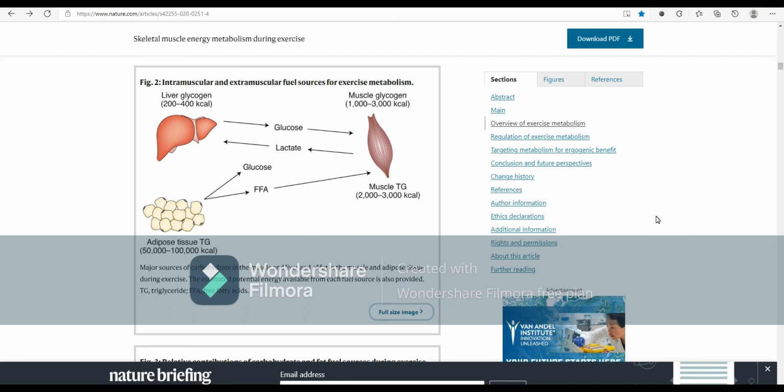Also on this illustration we can see actually how much energy this fuel source possesses. Liver glycogen we can see 200 to 400 kilocalories, muscle glycogen 1000 to 3000 kilocalories, and adipose tissue 50,000 to 100,000 kilocalories.